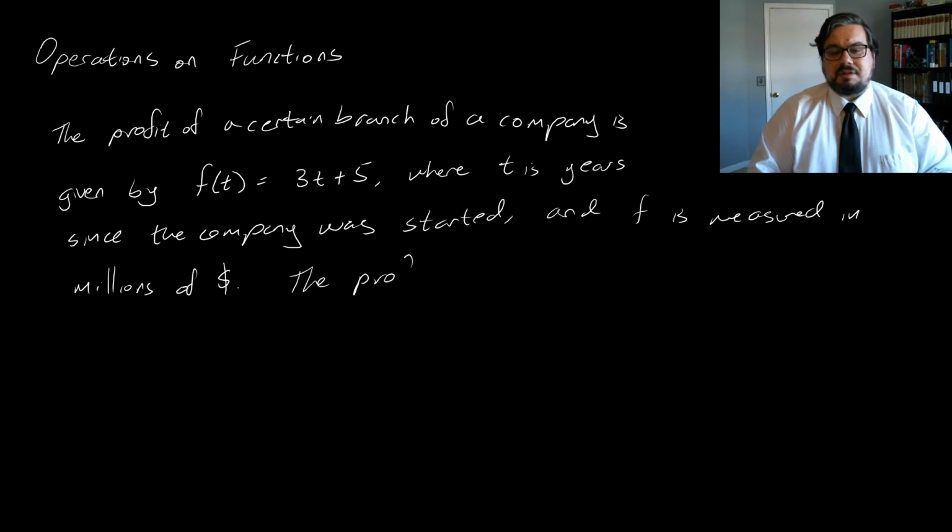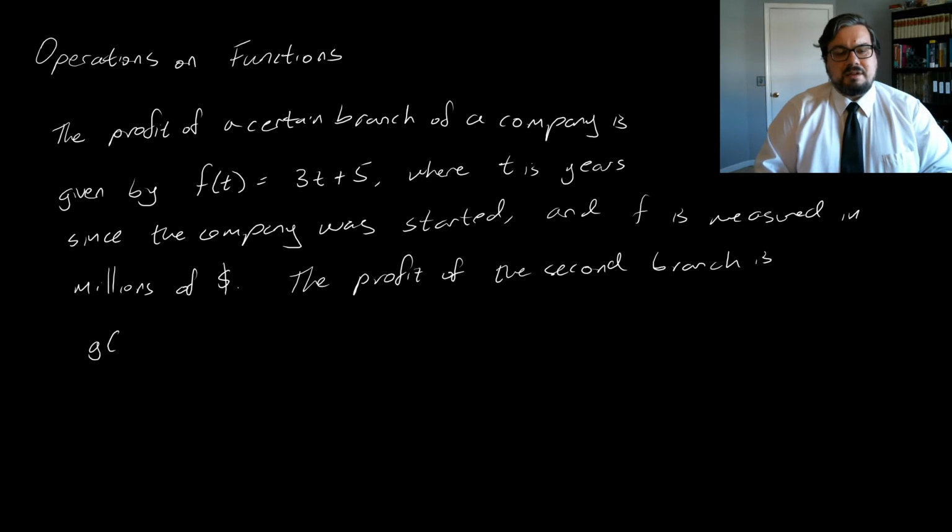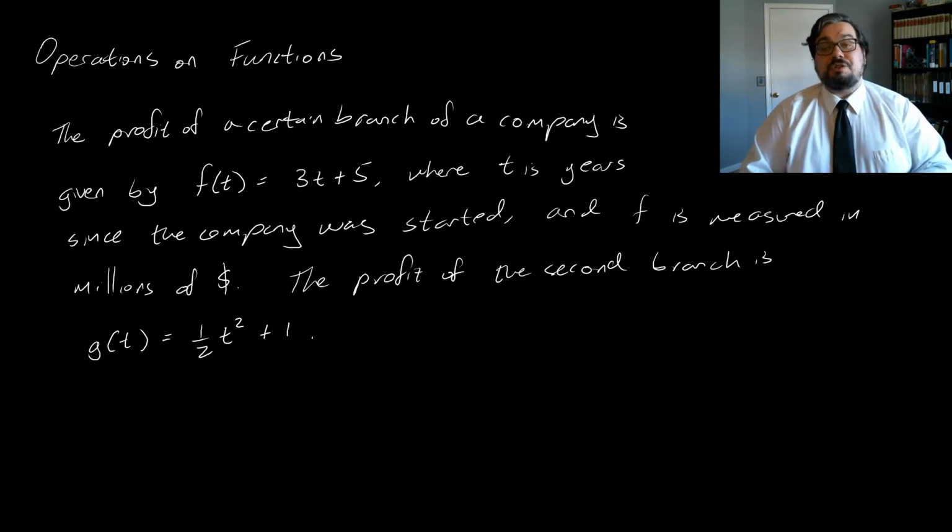The profit of the second branch is given by g of t equals 1/2 t squared plus 1, measured the same way.